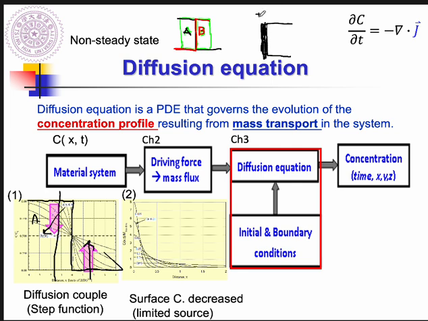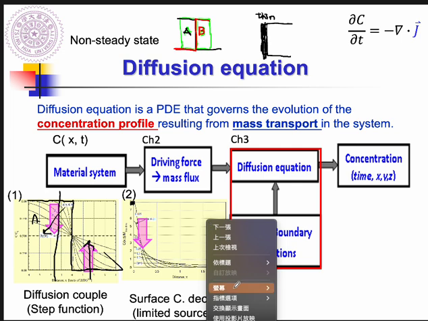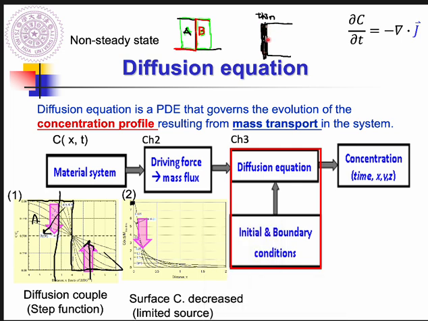But this is a thin layer, limited and very thin. So in the beginning, the concentration is quite high, but as time increases, the concentration profile decreases and spreads deeper. So we call this a surface concentration decrease case. This is a limited source. As I mentioned, I emphasize this is a thin layer diffusion source.